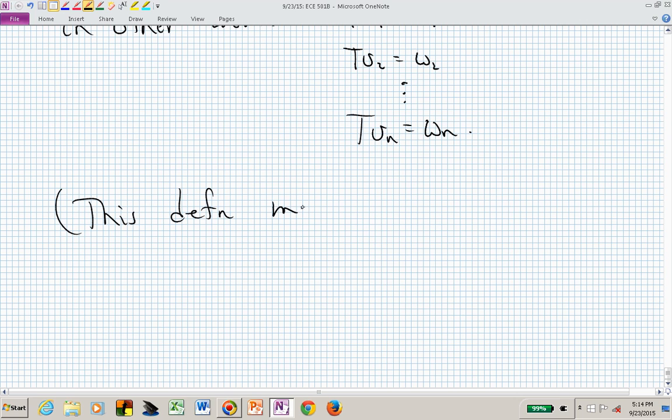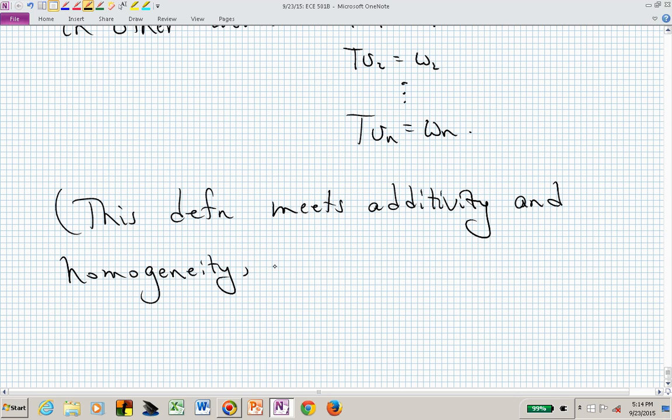This definition meets additivity and homogeneity, so it's a valid linear map.